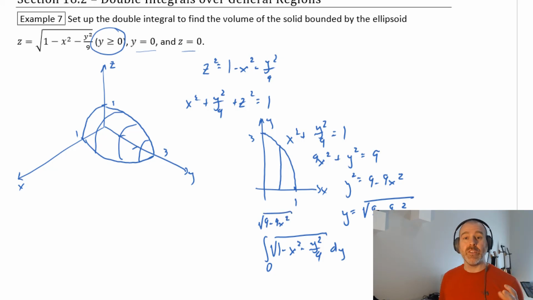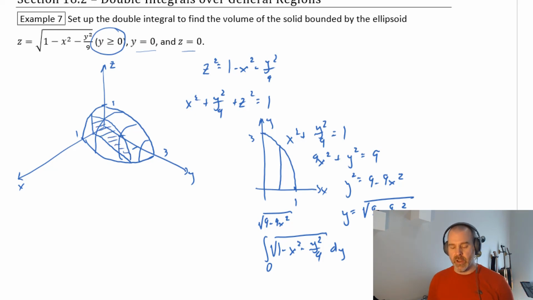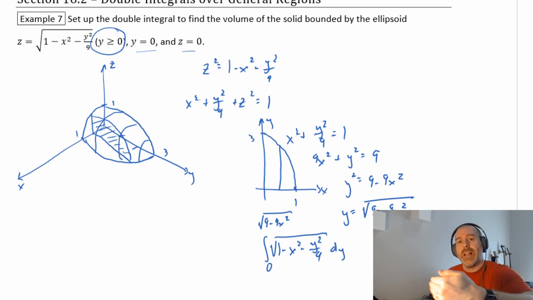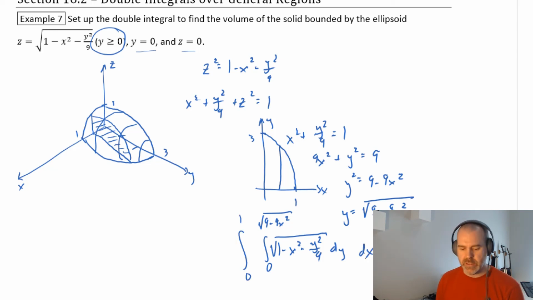And then once we get that, that will give us the area of that cross section. We found the area of that cross section. Then we're going to add those slices up and kind of fill that in and add up x going from 0 up to 1. So then we'll integrate from 0 to 1 dx.